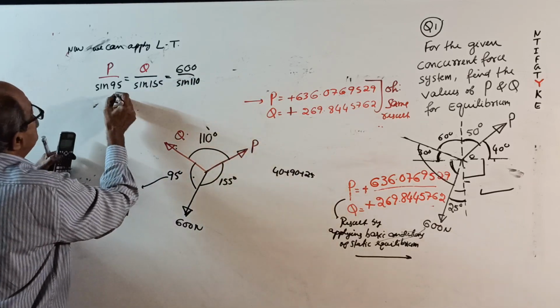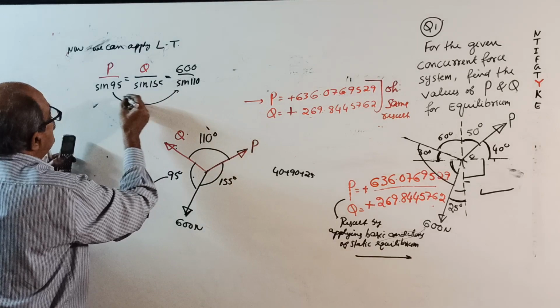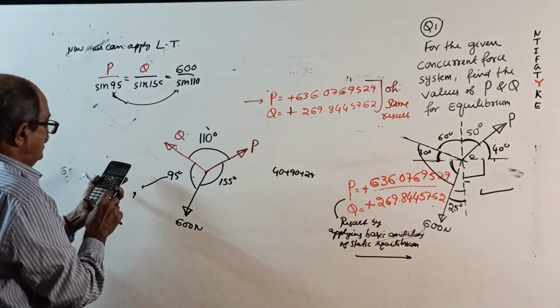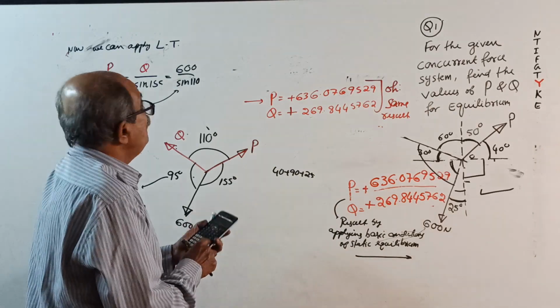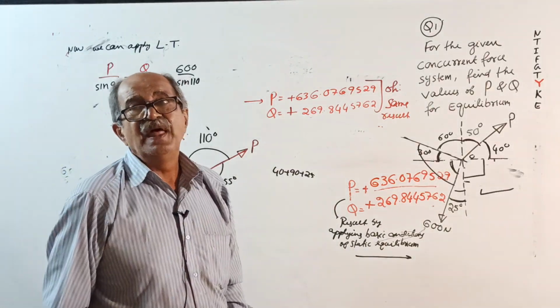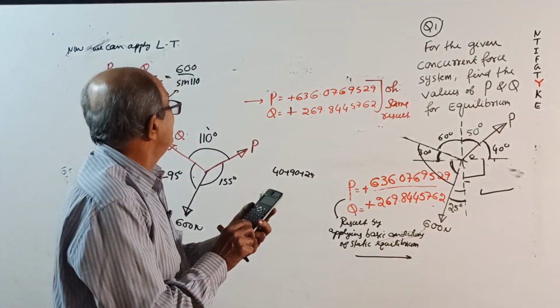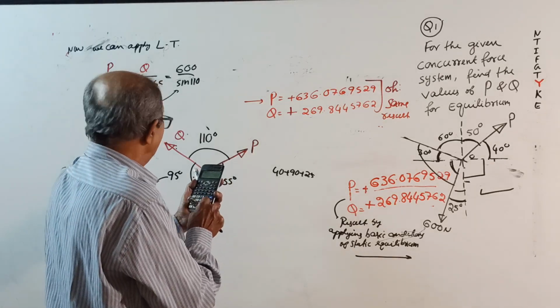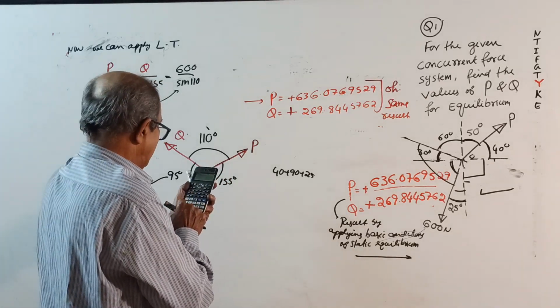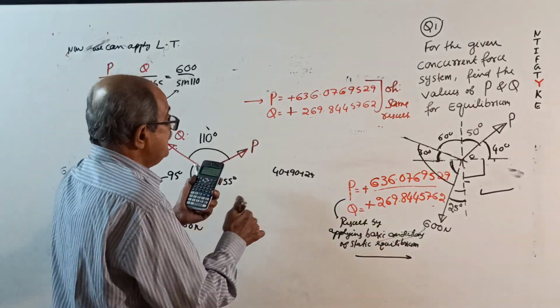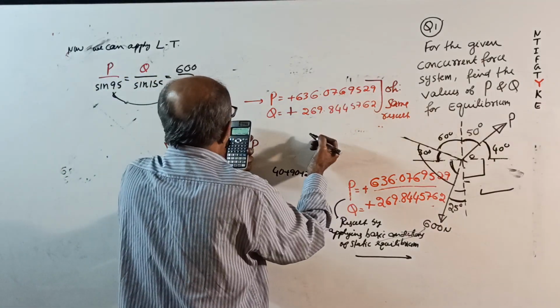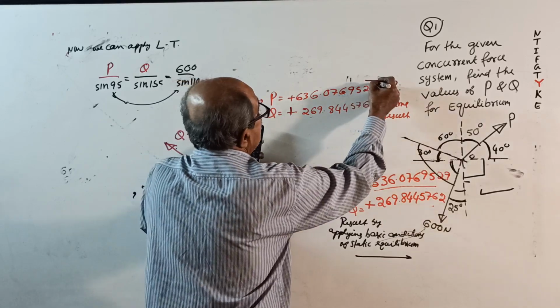Now use these two, you get P equal to 600 divided by sin 110 into sin 95. I need not calculate. Okay, now if the answer is not coming, then I have to stop the class. 636.0769529. Oh, correct.